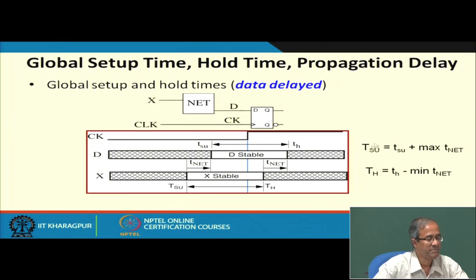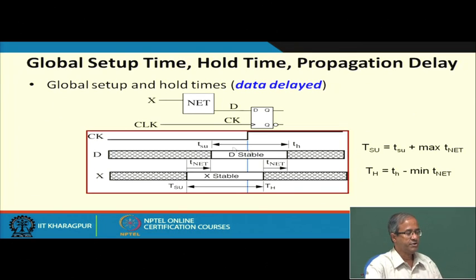So, from this diagram these two equations are pretty clear as to how they are coming. Okay. So, when you are feeding data, your data must be applied and kept stable at times which are governed by these two expressions.